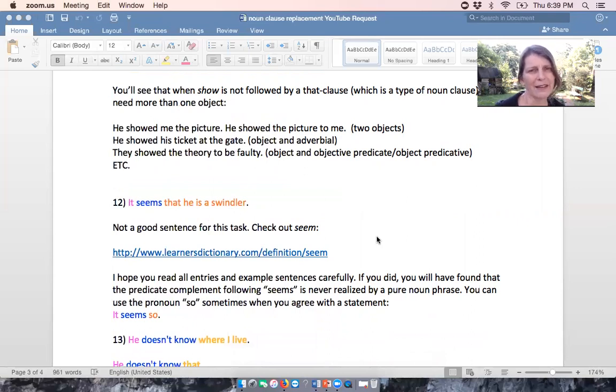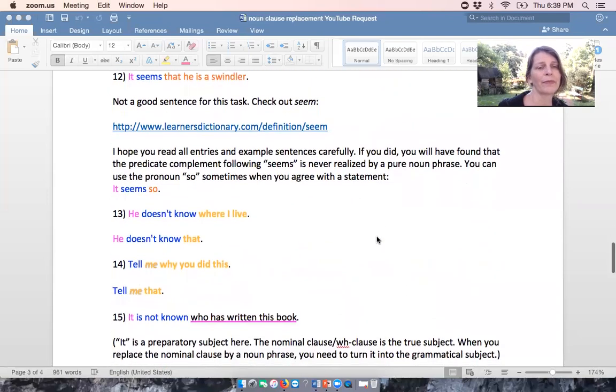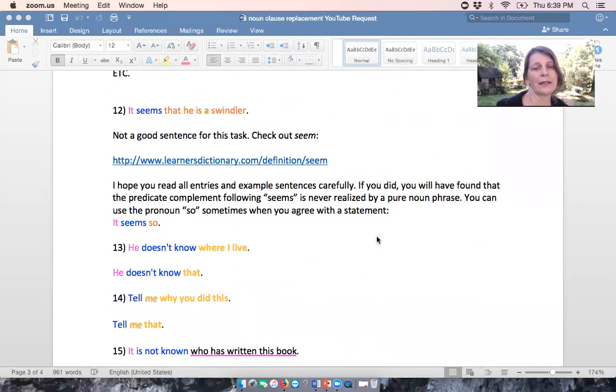If I want to retain that structure, I would simply say that the only option we have is to replace the that clause by a so, by the adverb so. It seems so. And otherwise, I would completely change the sentence and say he seems to be a swindler. He seems a swindler, but that's actually not. Yeah, I wouldn't go there.